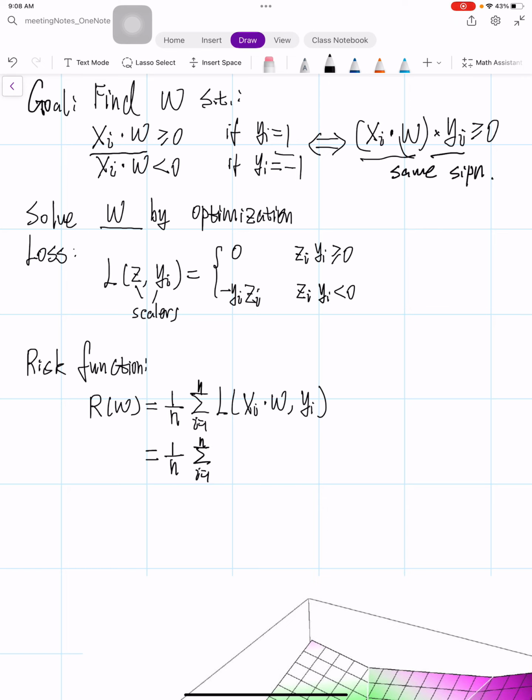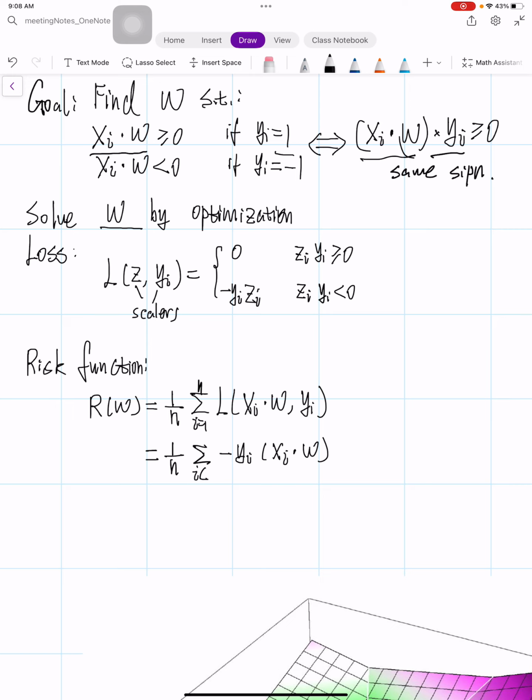Remember our loss is either 0 or negative yi z, so another way to write this is negative yi, scalar multiplied by xi, a 2D vector, dot product with omega.